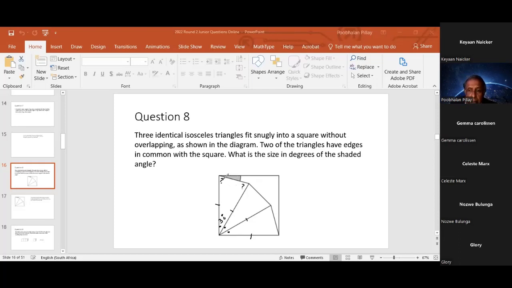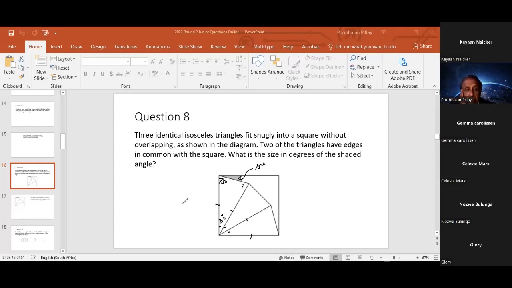So these angles are equal. They add up to 150. So each must be 75. So if they are 75, the whole thing is 90. As I said, if you know what this is, then you can calculate what the other one is. So it's 90 minus 75. Okay.